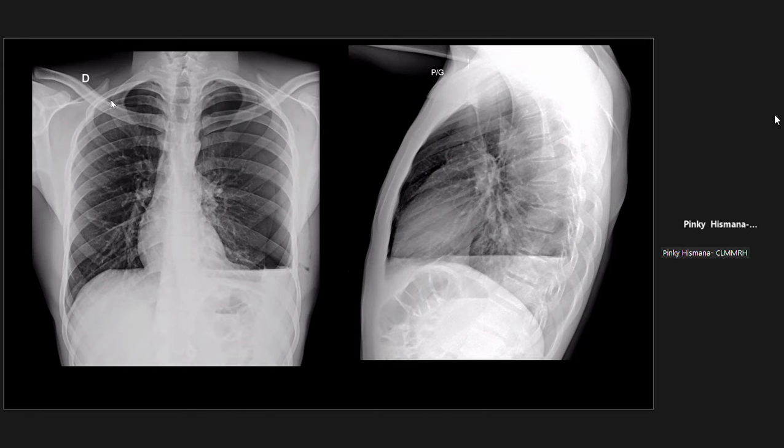Or do you see any problem there at the right lung? Actually, when you read X-ray, the first thing to memorize would be the normal findings. So would you consider the right lung as normal, or is there some sort of abnormality that you have seen at the right lung?